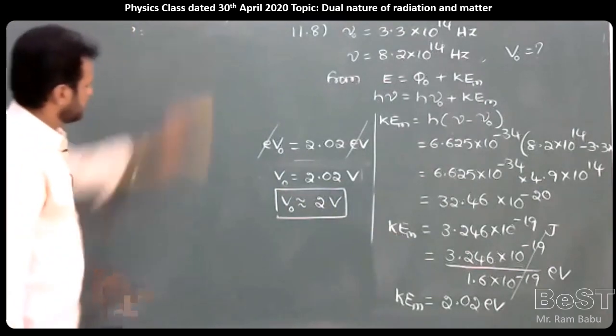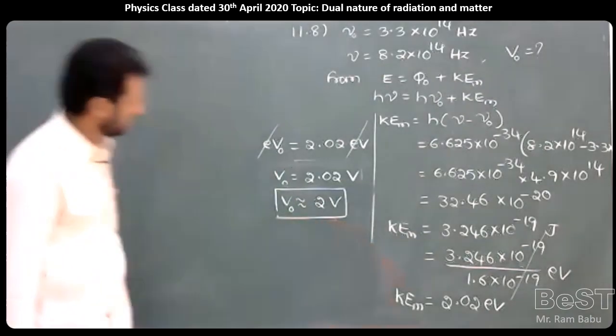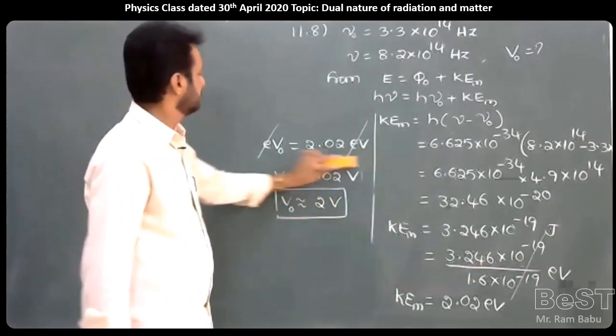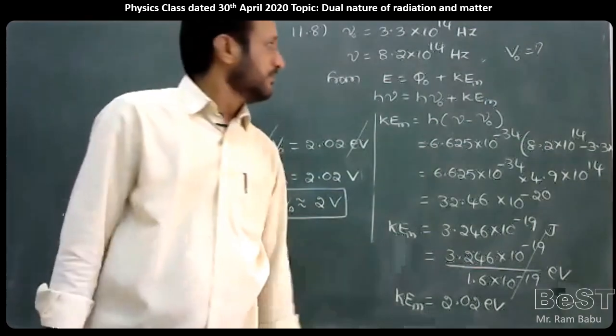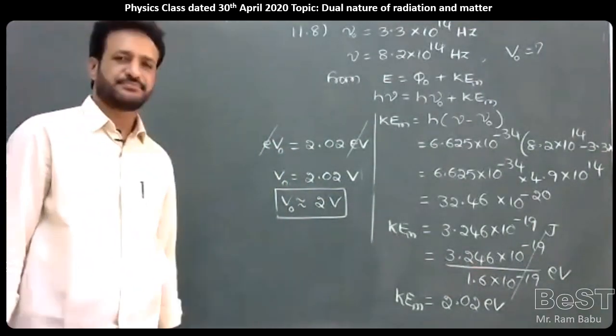So it is a question based on Einstein photoelectric equation. It is also a 5 marks problem, important numerical for PU level. We'll go to the next question, 11.9, the ninth problem.